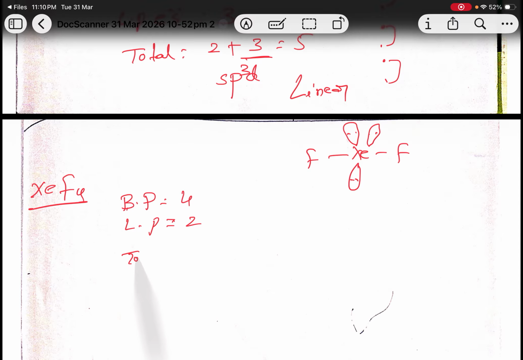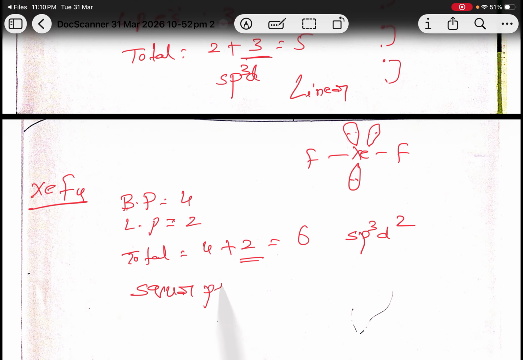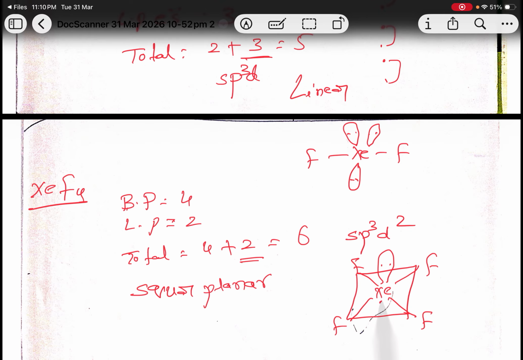So total equals number of bond pair of electrons 4, lone pair 2, total 6. 6 means sp3d2 hybridization with 2 lone pairs means square planar. The structure is like this. Two lone pairs.